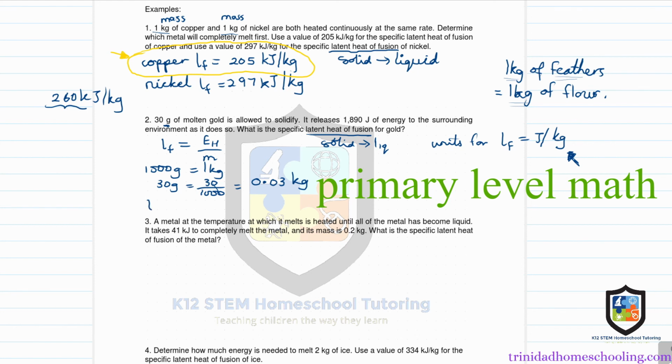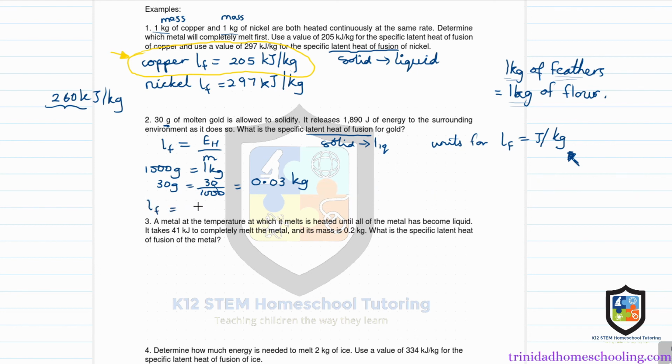Now, the latent heat of fusion is equal to the heat energy, and they gave us that heat energy is 1890, and we're going to divide that by the mass, 0.03. You wouldn't need a calculator for these things, okay? The calculations would be simple.